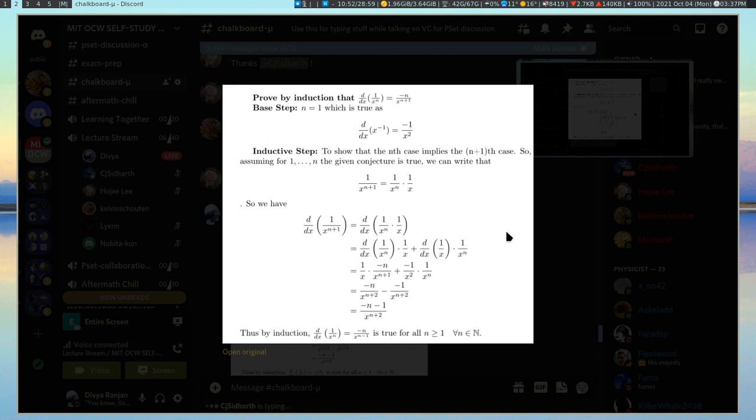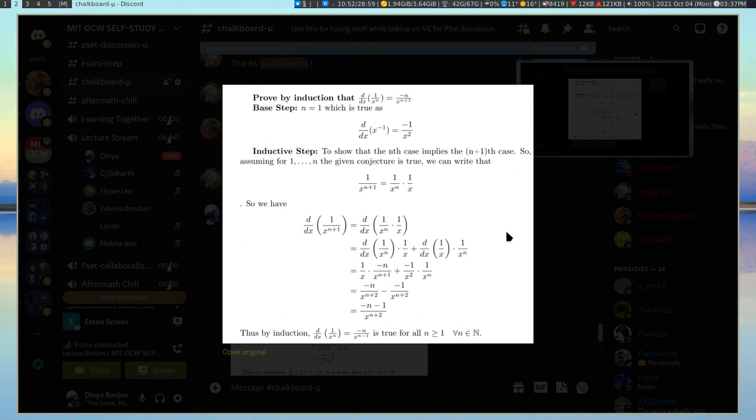Okay, now we say d by dx of 1 over x to the n plus 1. So we replace n by n plus 1. So what are we going to get? Minus of n plus 1 in the numerator. In the denominator, we're going to have x to the power of n plus 1 plus 1. That is n plus 2. So minus n minus 1 over x to the n plus 2.